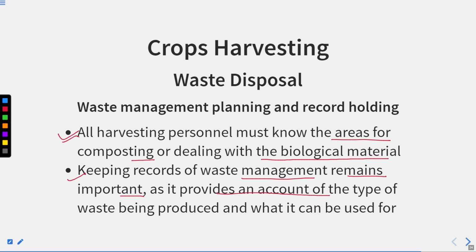So this is very, very important. What type of waste management we are using, and what type of waste has been put in the pit, or discarded for burning, or used for compost. All those records must be there for waste management.